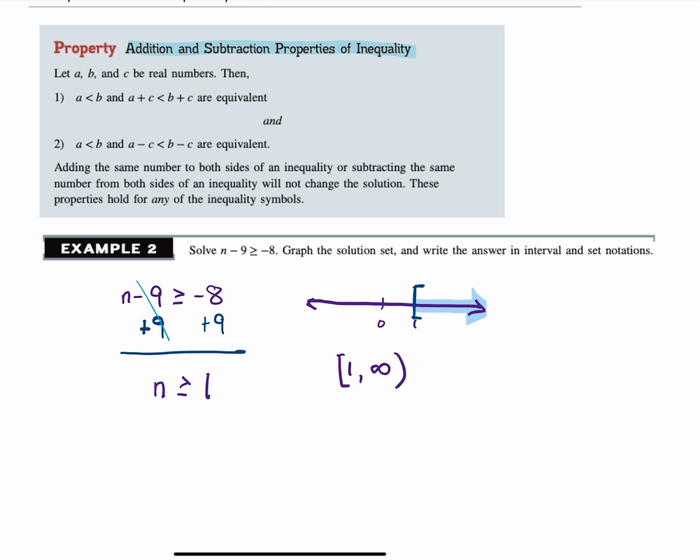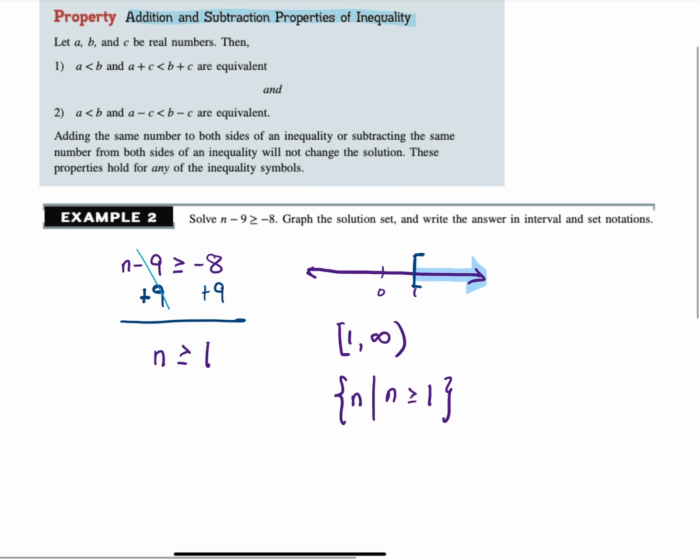And in set notation, the set of all values n such that n is greater than or equal to positive 1. So the point here is you can solve these like we're solving an equation. You can add or subtract numbers across. You can multiply and divide, but there's a special case, which we'll see here in a second.